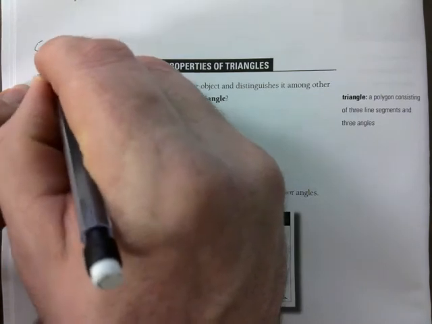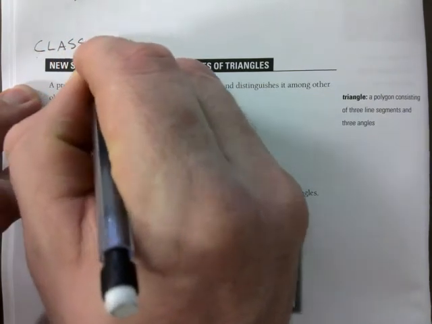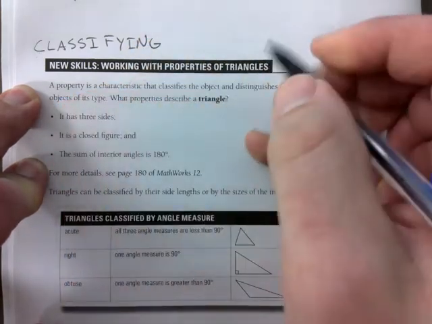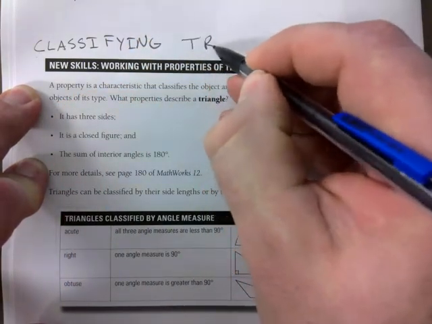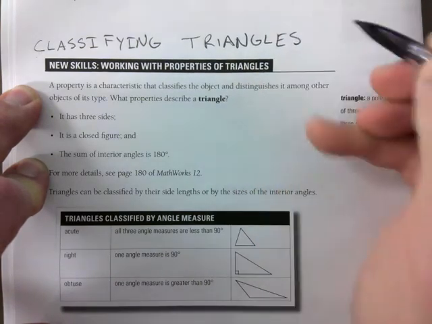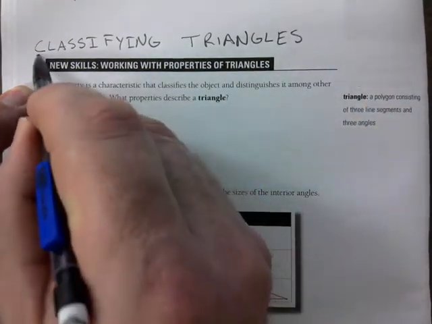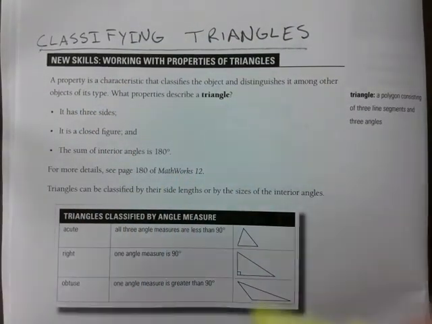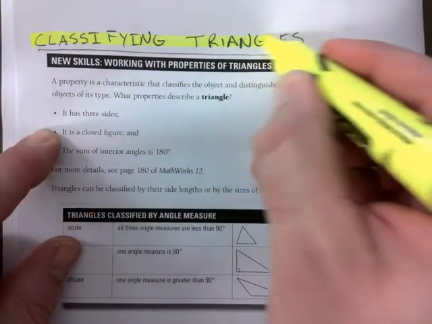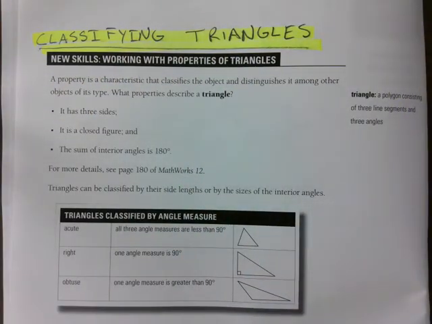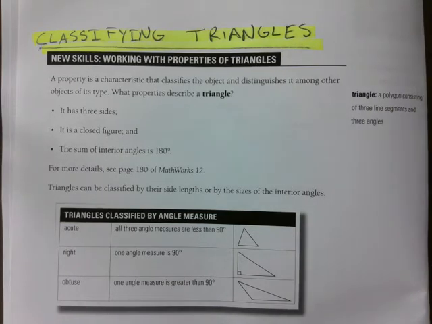We're going to put CLASSIFYING TRIANGLES, because if I ever ask you to go review how to classify triangles, I want that to stick out. If you have a highlighter, I would do that as well, so that when you flip through, you're like, oh yeah, classifying triangles right here.